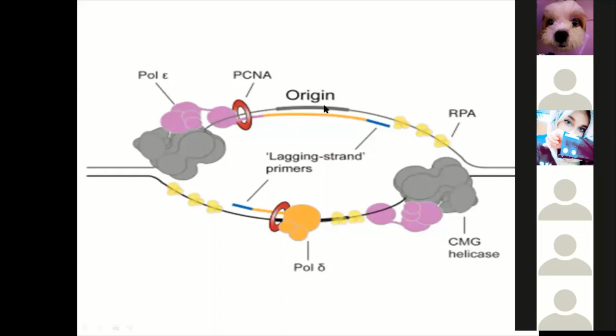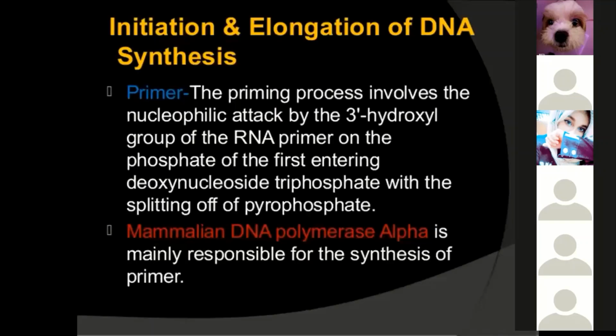Yeah, so there are different polymerases like that. Polymerase delta is there, polymerase eta is there, and you have other polymerases like alpha. For initiation and elongation of DNA synthesis, the priming process involves nucleophilic attack by the 3-hydroxyl group of the RNA primer on the phosphate of the first entering deoxynucleoside triphosphate with the splitting of a pyrophosphate.